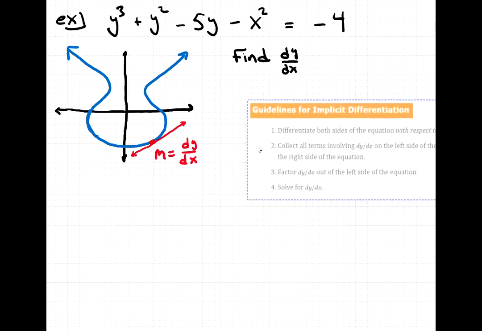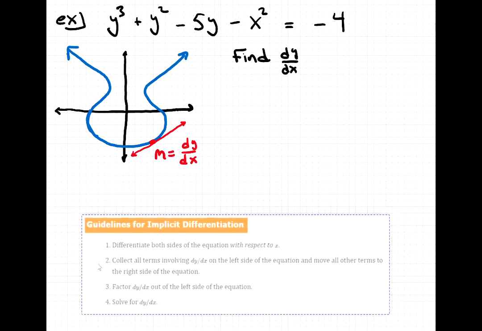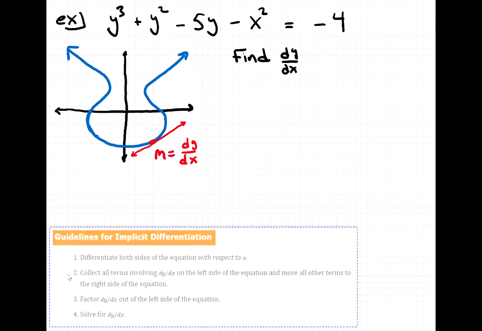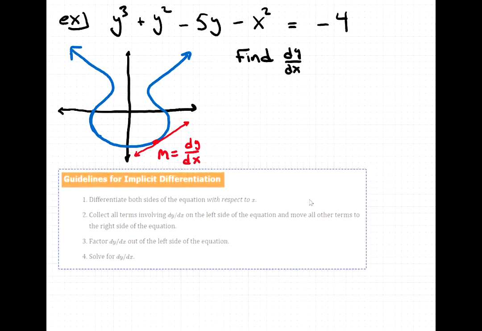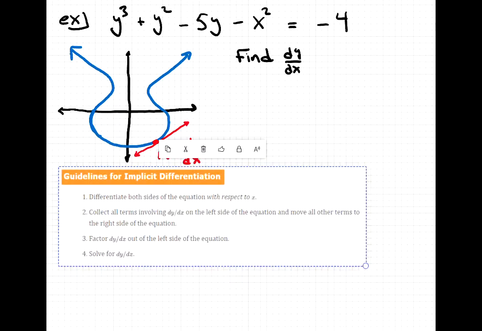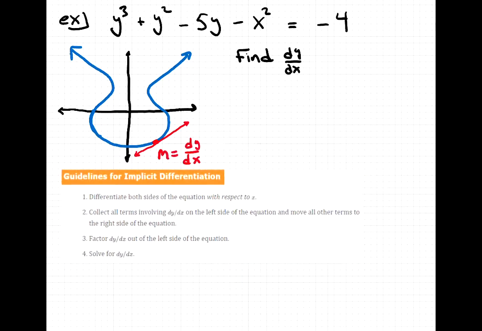Okay, so we have some guidelines for implicit differentiation. Actually, let me move this up here. So we'll differentiate both sides of the equation with respect to x.